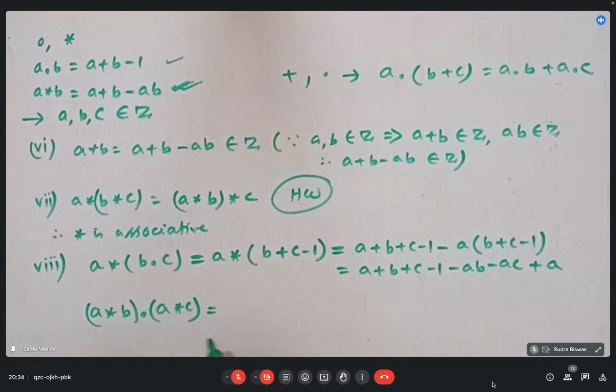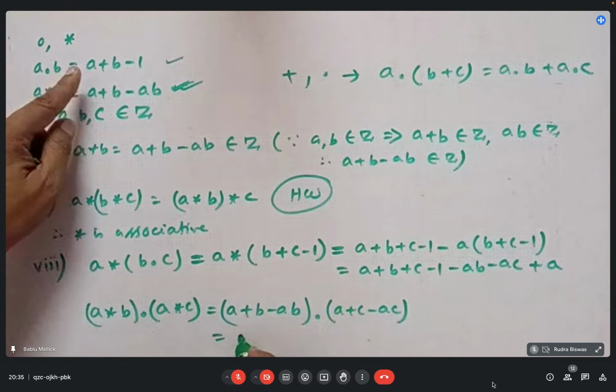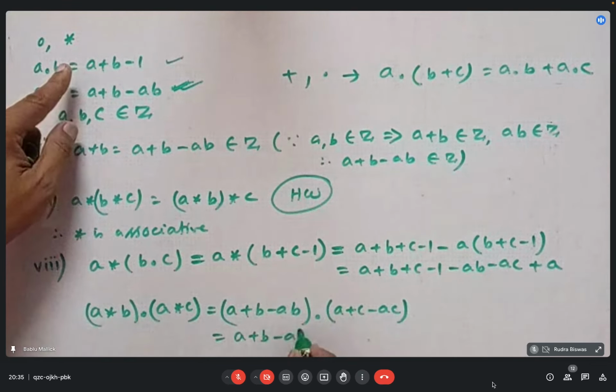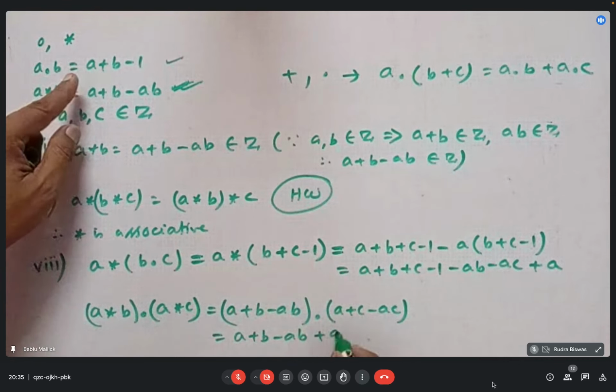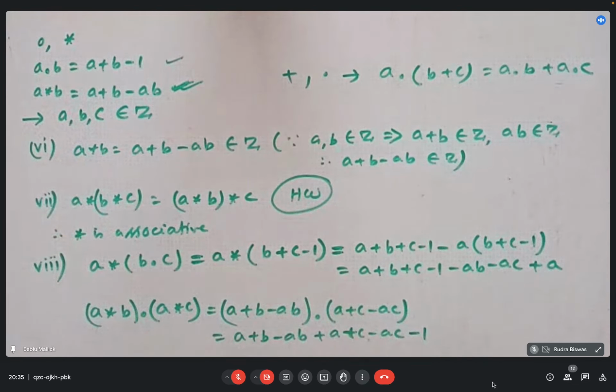You have to show it will be the same thing. A star B means A plus B minus AB. A star C means A plus C minus AC. So this will become, in the circle operation, A plus B minus AB plus A plus C minus AC minus 1 minus 1.